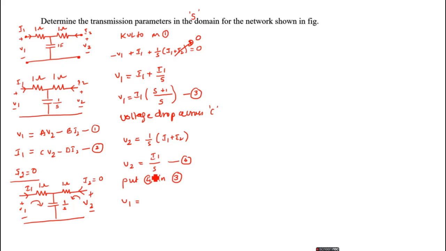I1 equals S into V2, S into V2, then multiplied with 1 plus S divided by S, and this S and this S is cancelled. What is A? V1 divided by V2, that is equals to A, that is equals to 1 plus S.